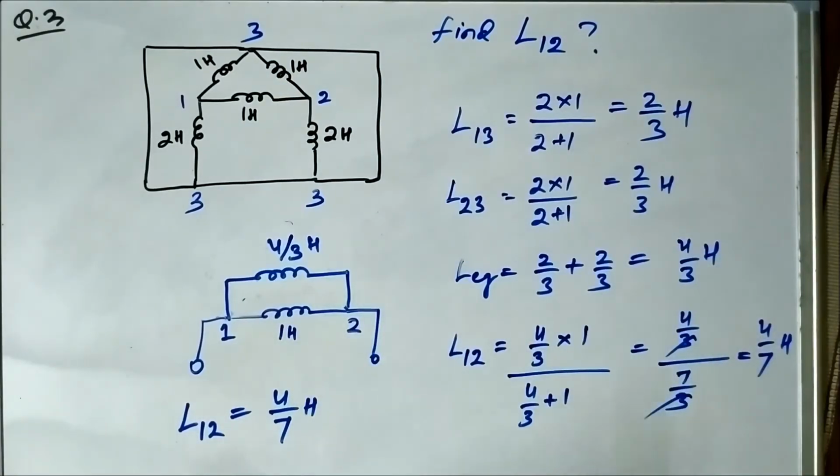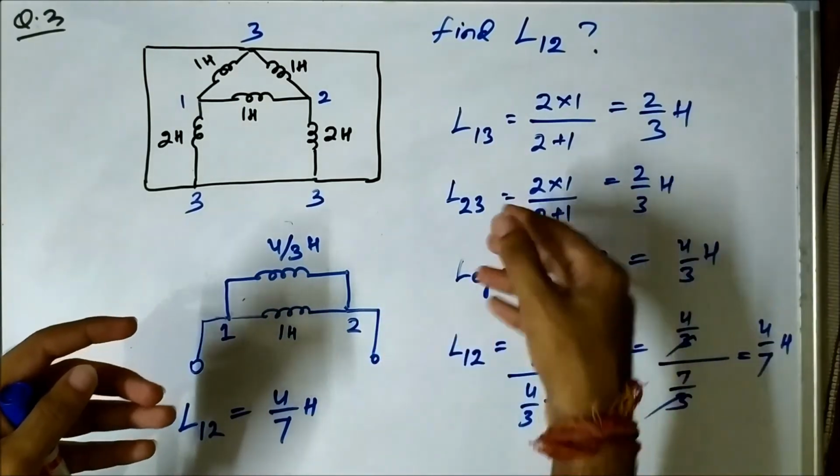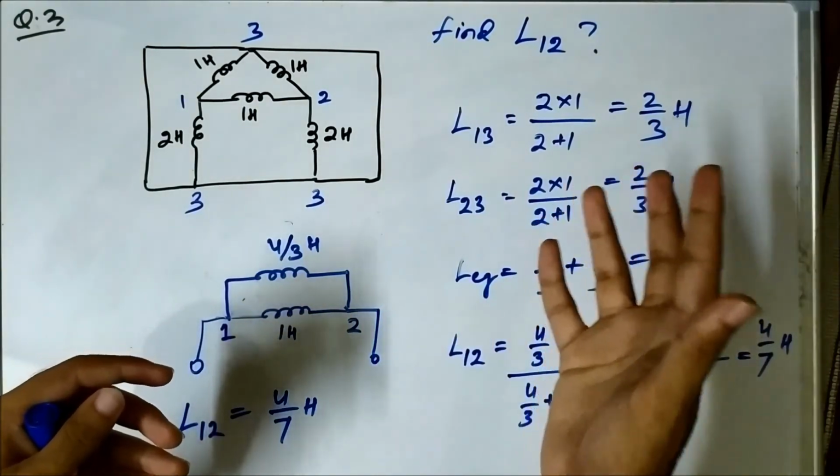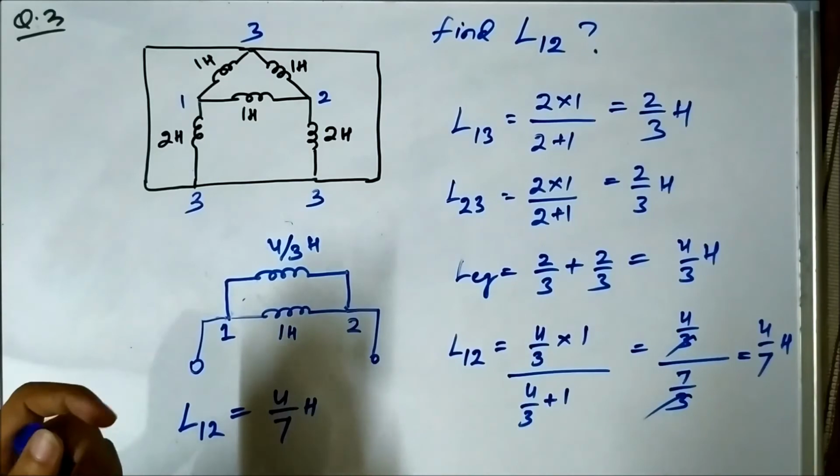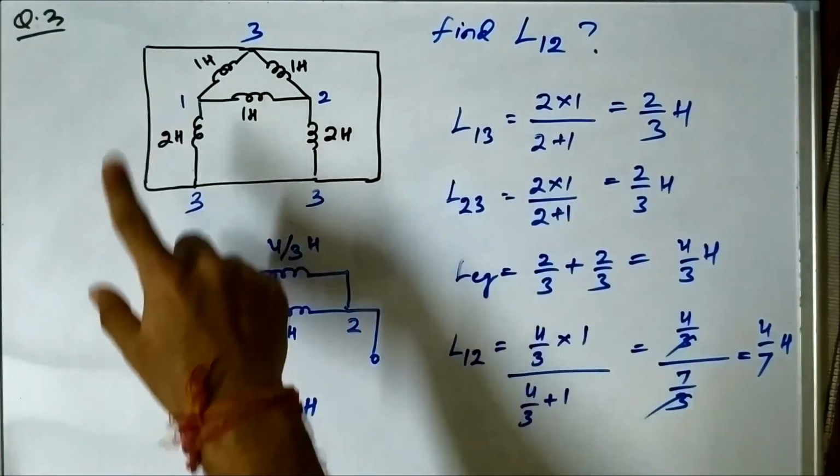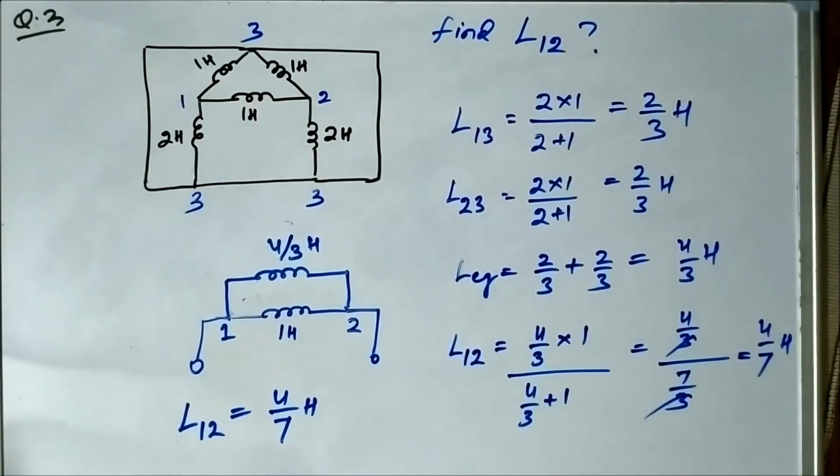Next is simply to solve the circuit by utilizing the various parallel and series equivalent inductance formulas to find the total inductance. So this is the third problem we discussed related to equivalent inductance calculation.